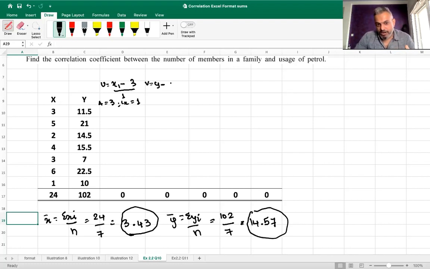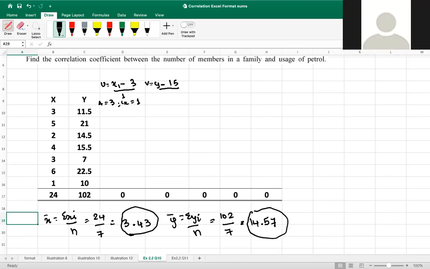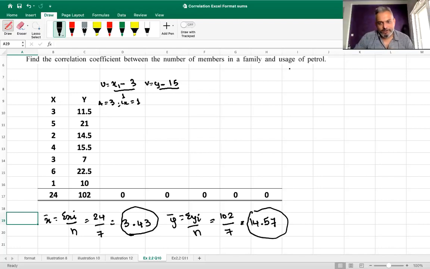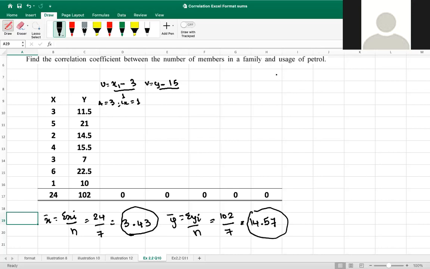But no, sir, we don't like fractions. So you take 15, divided by... here many are in fraction. So what should we do now? We can divide all by 0.5 also, 1 by 2.